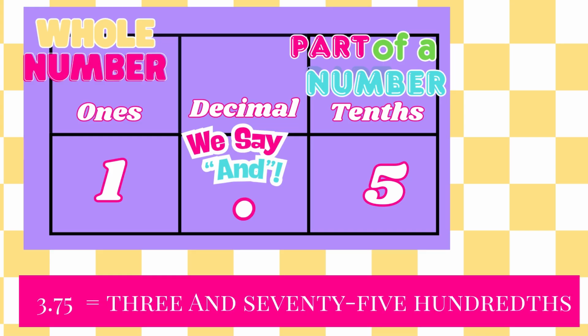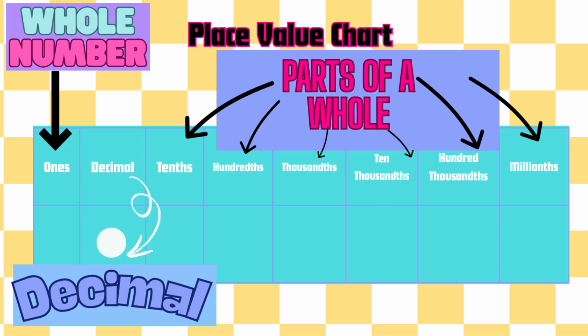For example, if we see 3.75, we would say 3 and 75 hundredths. The numbers that come after the decimal point represent parts or fractions of a whole number. They tell us about portions that are less than one complete unit.